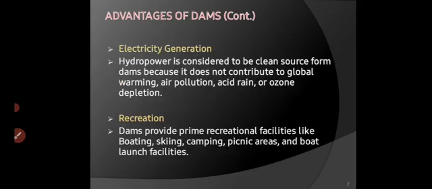Electric power generation: a hydropower plant is constructed along with the dam, and with the help of the energy of water, we can generate electricity. Recreational purposes like boating, camping, etc.